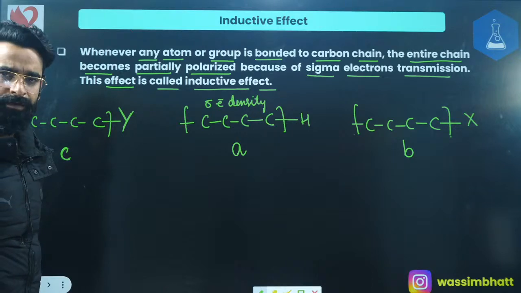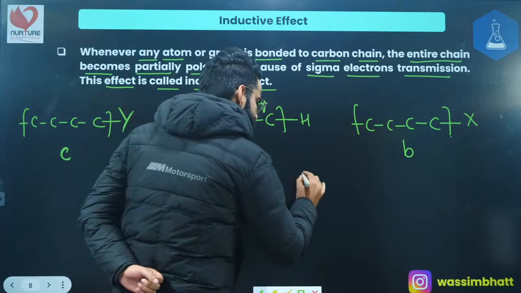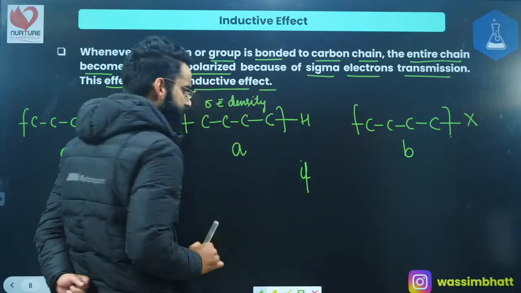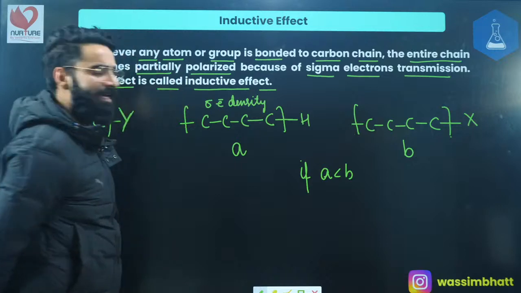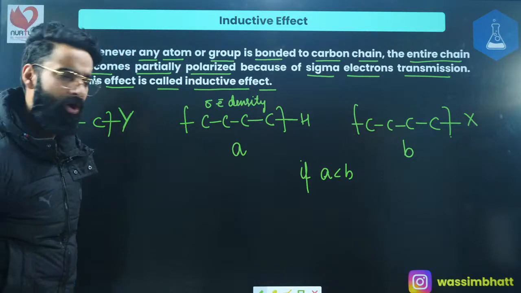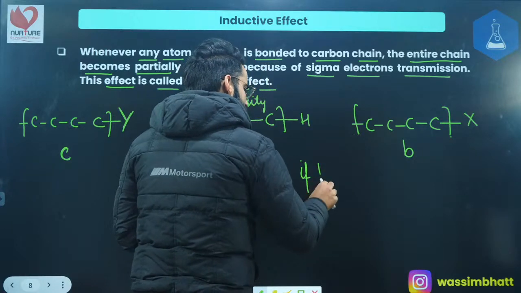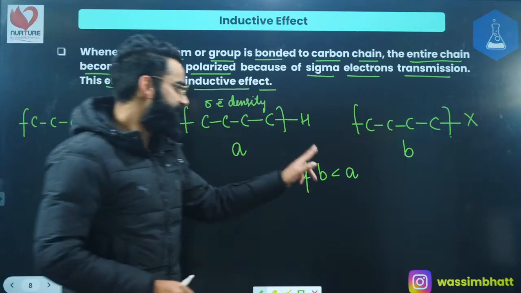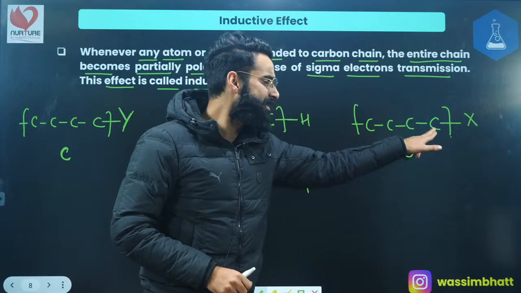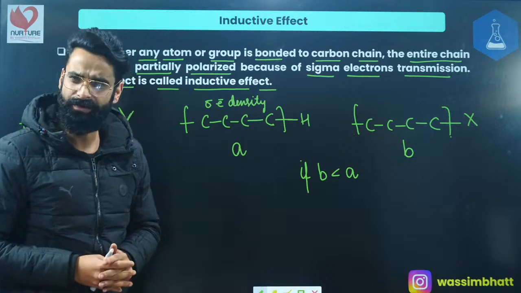Now I'm giving you certain conditions. If, for example, B is less than A, that means the sigma electron density in this chain is less than that of the sigma electron density in this chain, what can we conclude from that?